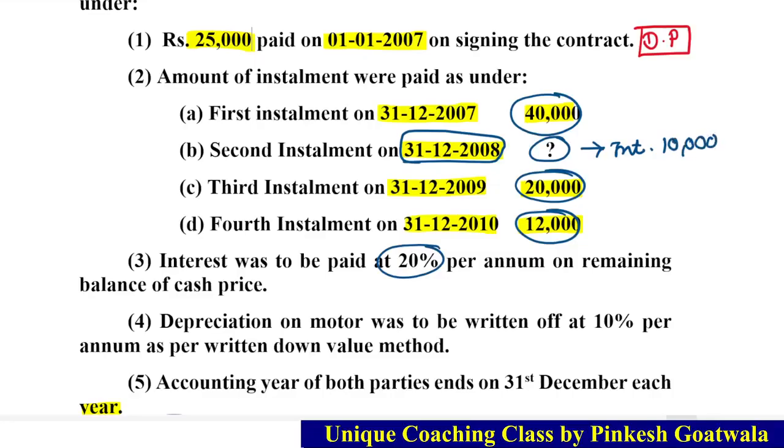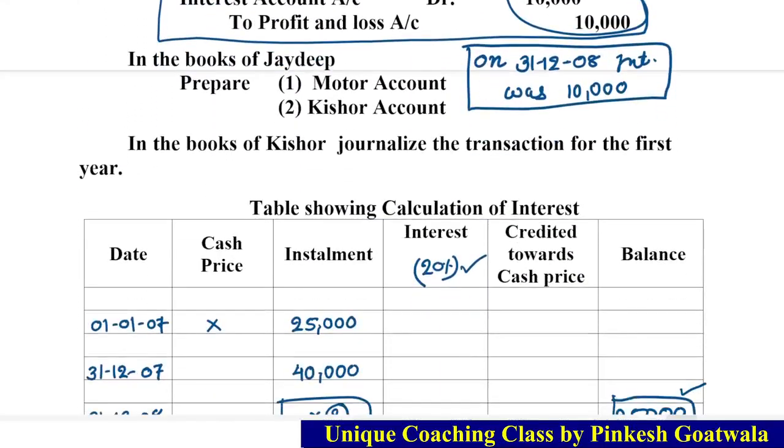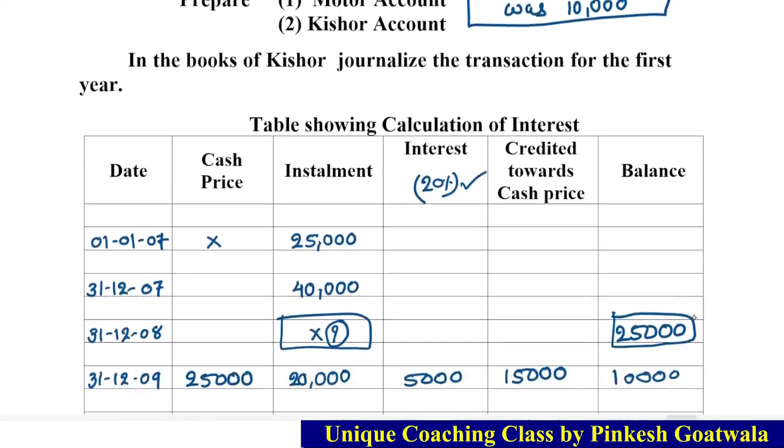Got it? So don't worry about the installment that is not given. But on that date we have an amount of interest. That was 10,000. So we can't write the amount of installment because that was not available, but the amount of interest is available on that date.